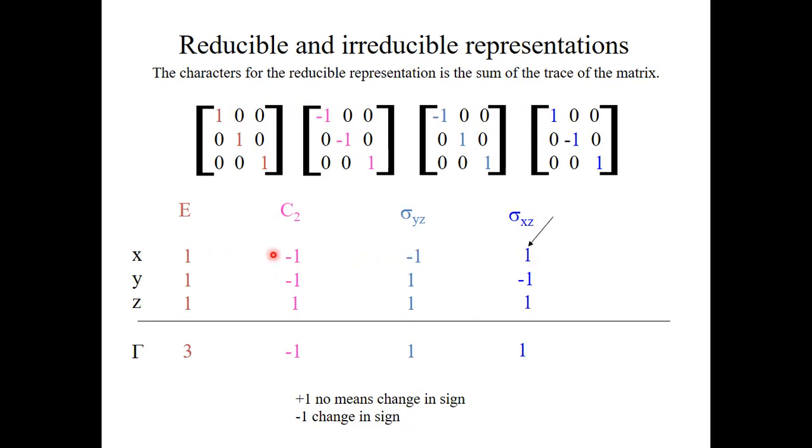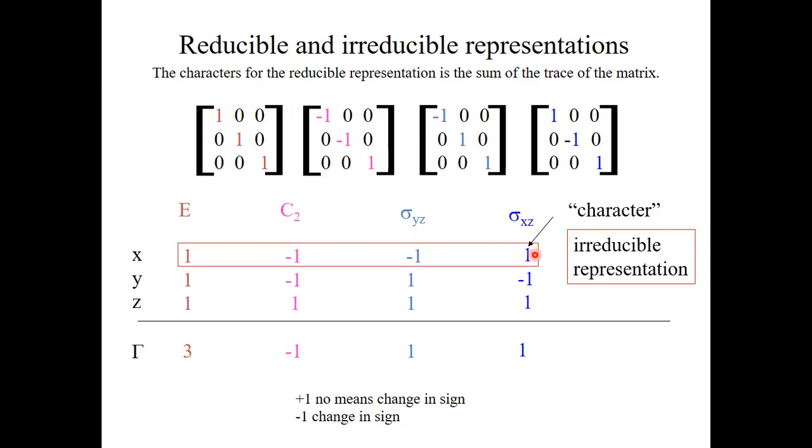So these characters, written in a row, are called an irreducible representation. And one number in an irreducible representation is called a character within the irreducible representation. So this would be the irreducible representation for the x-coordinate. We could also define irreducible representations for the y and the z-coordinate respectively.